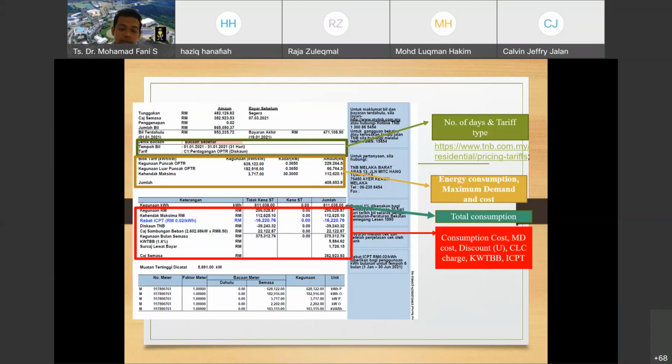So 10%, and we can see the minus over here.